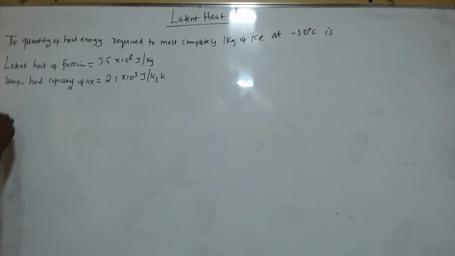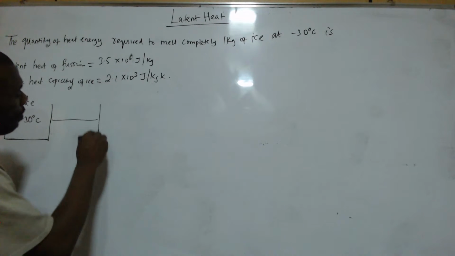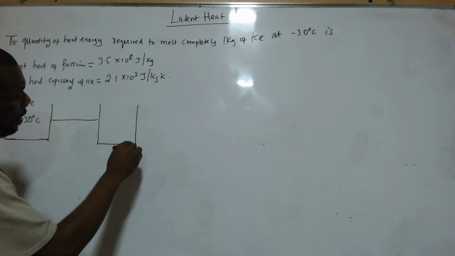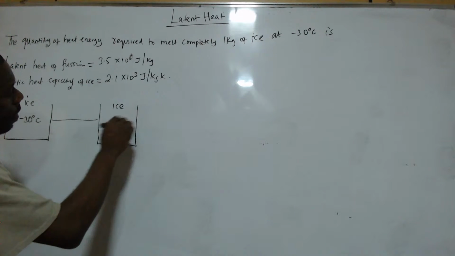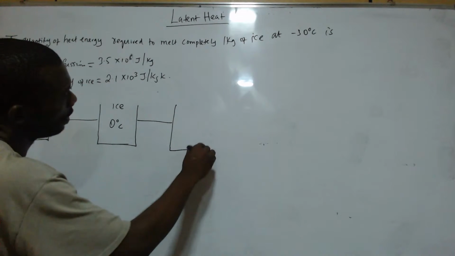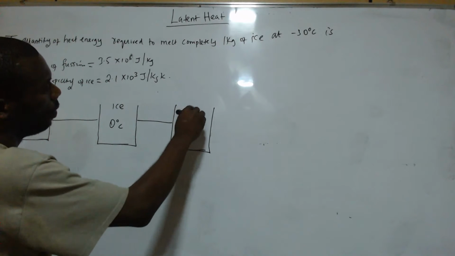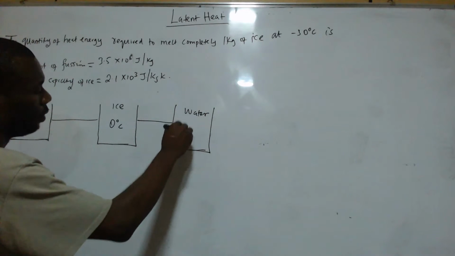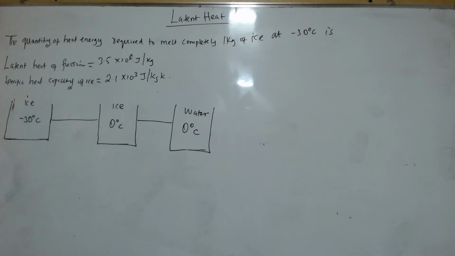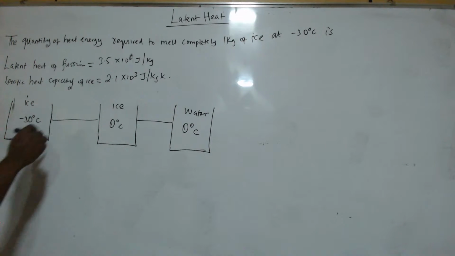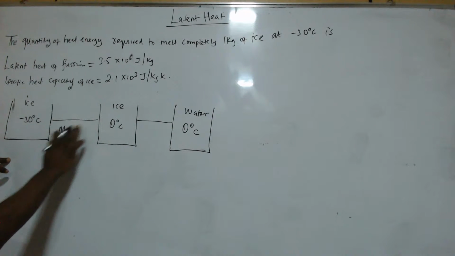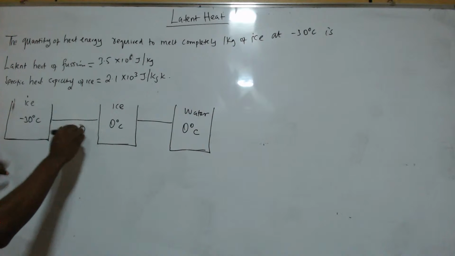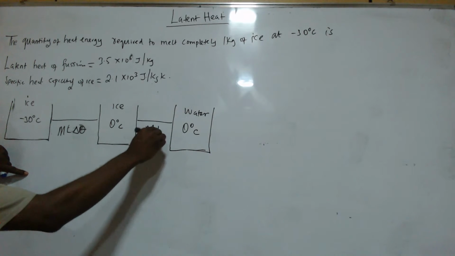So that means we have ice inside a calorimeter, ice at 0 degrees centigrade, and from ice at 0 degrees centigrade, it will change to water at 0 degrees centigrade. As we said, there is a change of state here. So we have MC delta theta, or ML. There is no change of state for the first one.